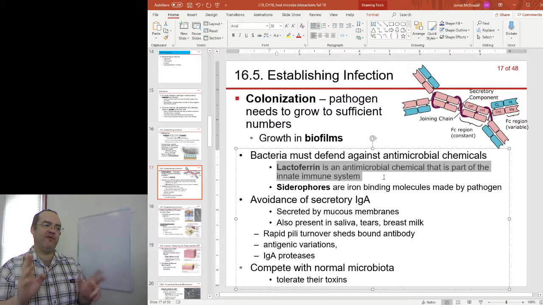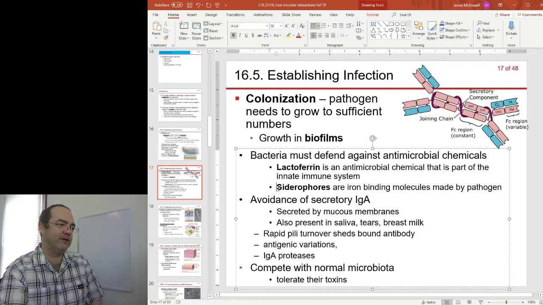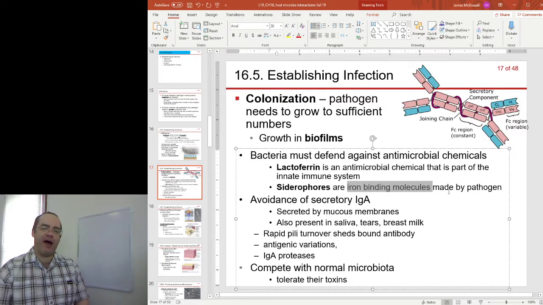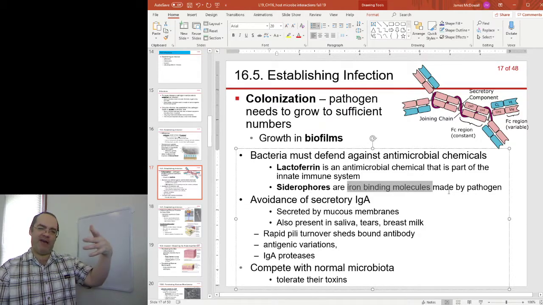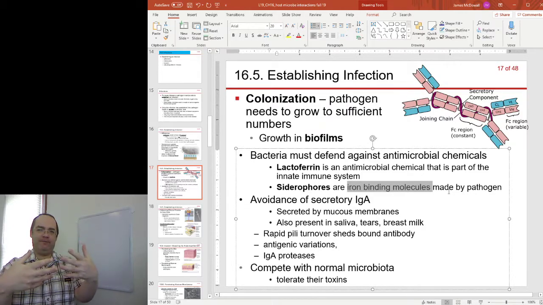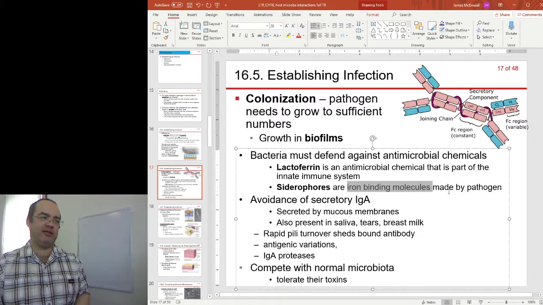So the microbe fights back with molecules called siderophores. Siderophores bind the iron for use by the pathogen. So we have this battle over iron, the host trying to prevent the microbe from getting it, the microbe producing siderophores to try and extract that iron, use it for its own purposes.